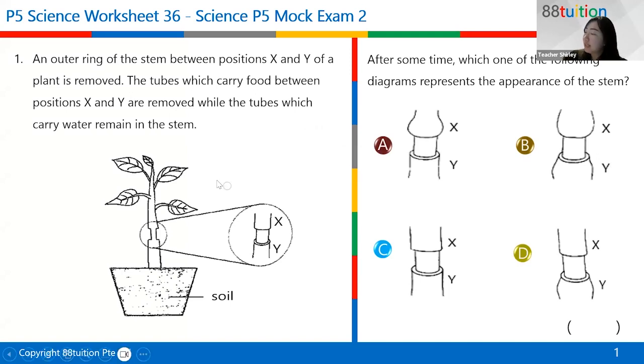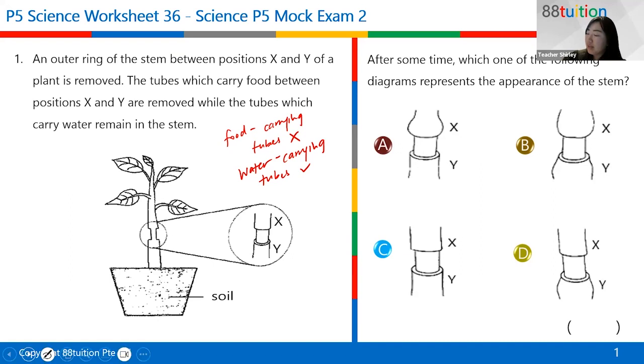So basically what they're trying to say is that water carrying tubes, we still have, but food carrying tubes, we do not, right? Because of that, what do you think is the appearance of the stem?